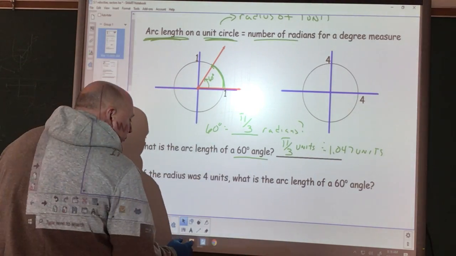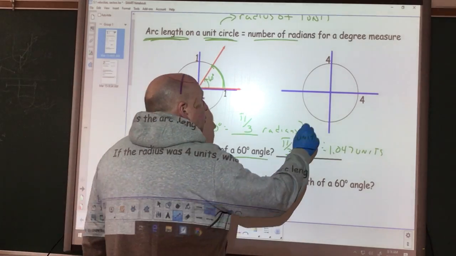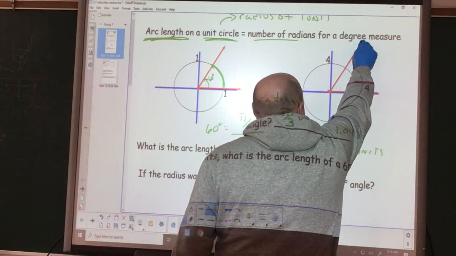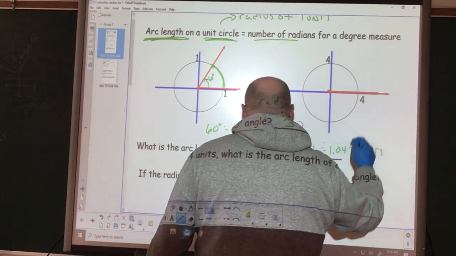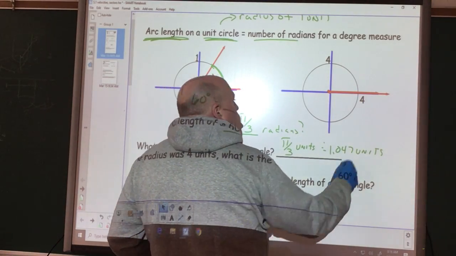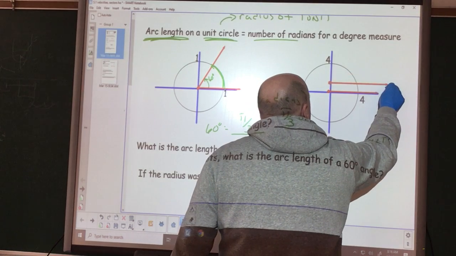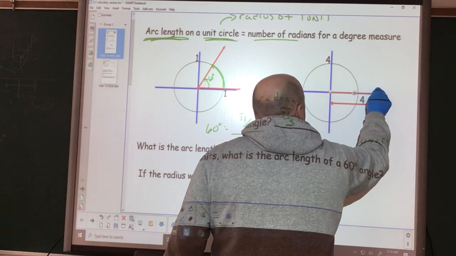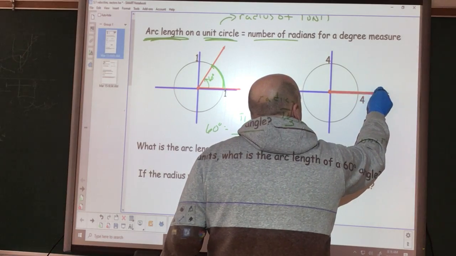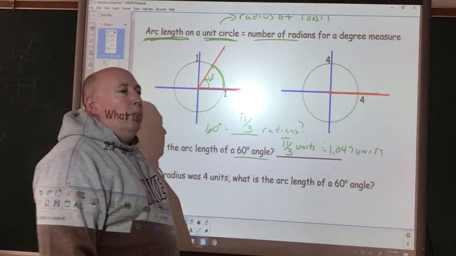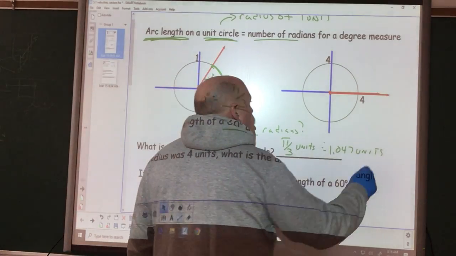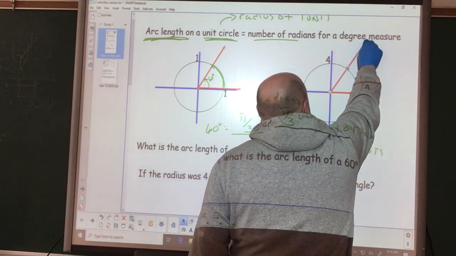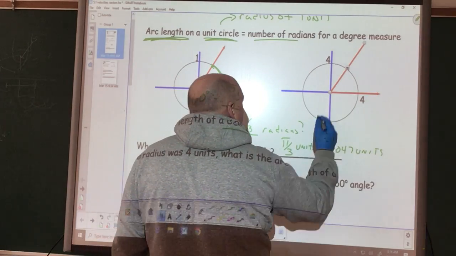What we're looking for is taking my ray here and rotating it 60 degrees, just like we did before.